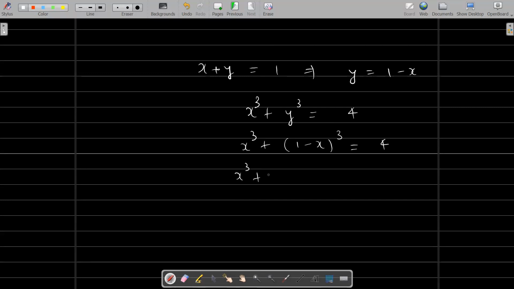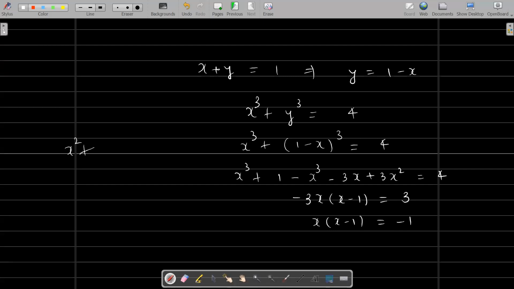So that is x cube plus (1 minus x) cubed, which is 1 minus 3x plus 3x squared minus x cube. So x cube minus x cube cancels and therefore minus 3x times (x minus 1) is equal to 3. x into (x minus 1) equals minus 1.